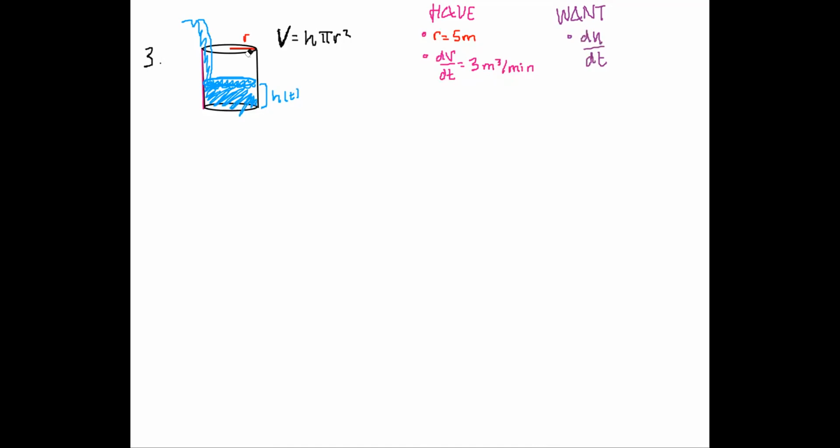So we've got this equation, and I'm going to rewrite it down here. We've got V, which is a function of h, which is a function of t, equal to h pi r squared. Is r changing with respect to time? No. So can I go ahead and put r in?